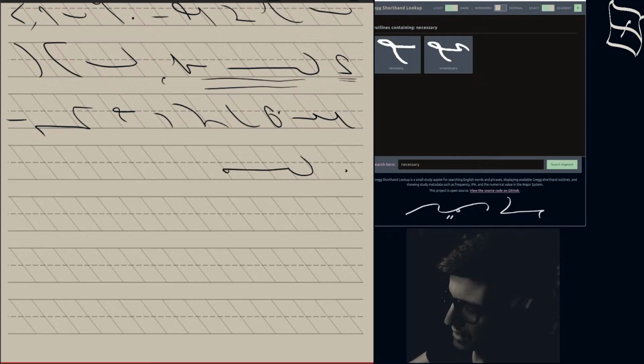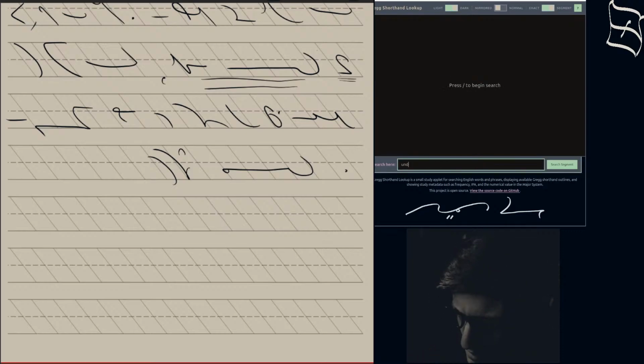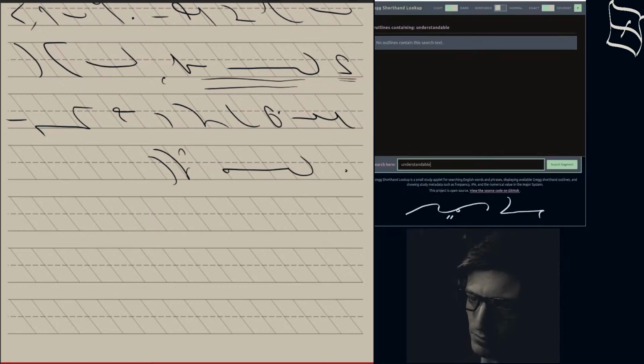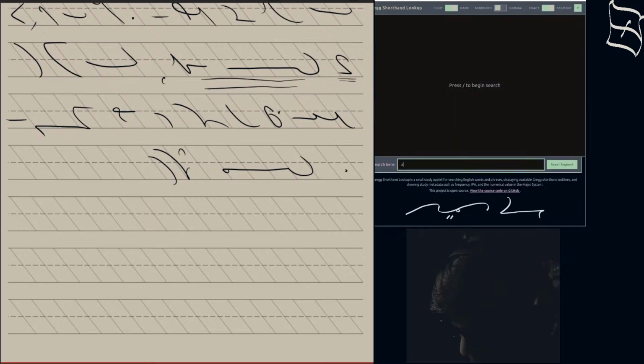PRMNE, in a permanently understandable, understand, and then, isn't that a disjointed B? Oh, that's a V, but is it a disjointed B in order to do understandable? Let's check that. Understandable. That's not one of the words.